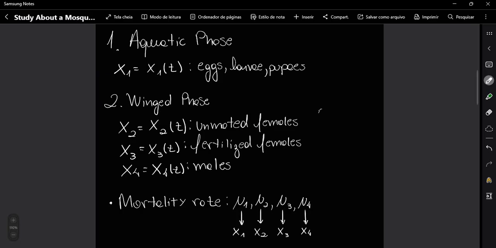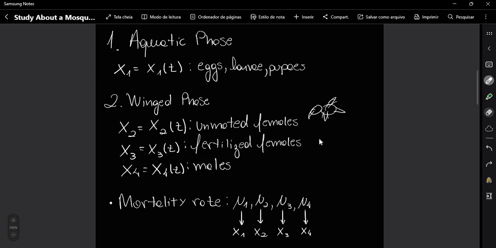So we got the females that still did not mate, and we got the eggs, larvae, and pupae, and then they become mosquitoes, so the new ones.